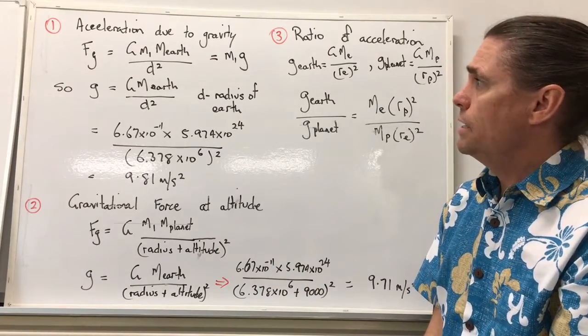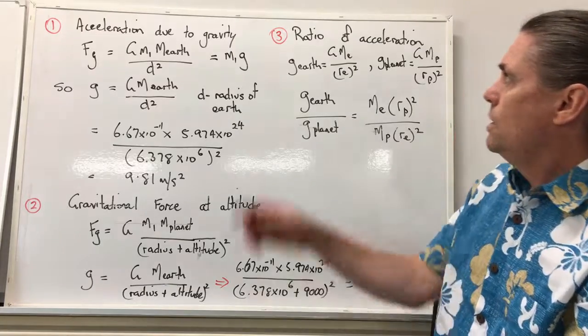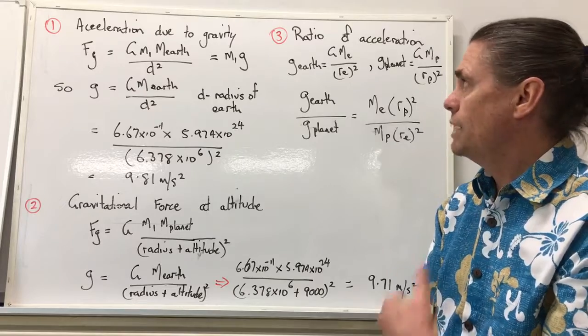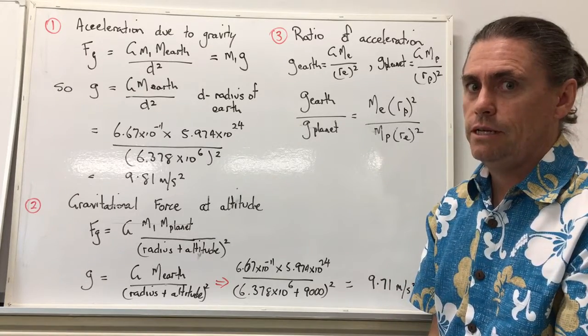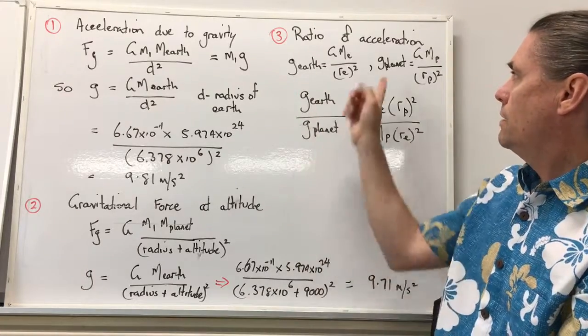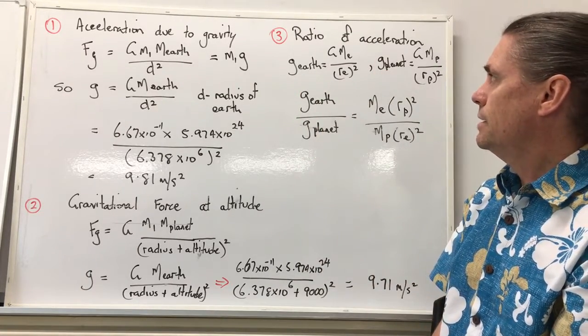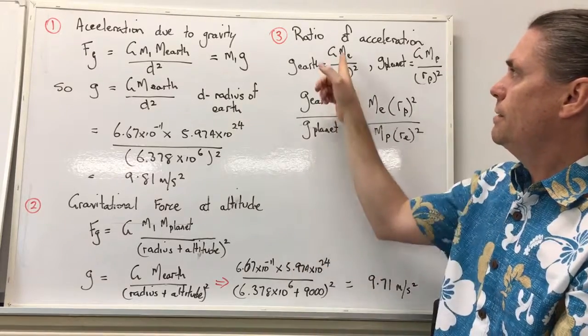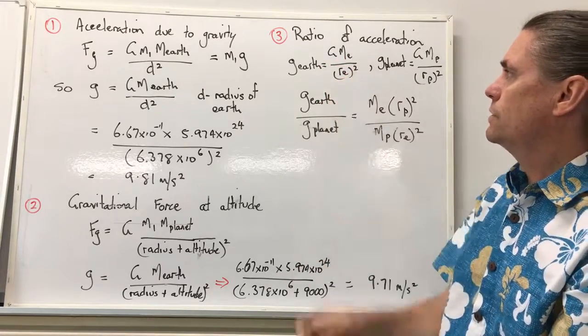Now we can do one final thing with this particular equation. We can work out the ratio of acceleration due to gravity between two planets. So in this case, I've got planet Earth, and I've also got another generic planet. Acceleration due to gravity on the Earth is represented by g equals G times the mass of the Earth over the radius of the Earth squared.